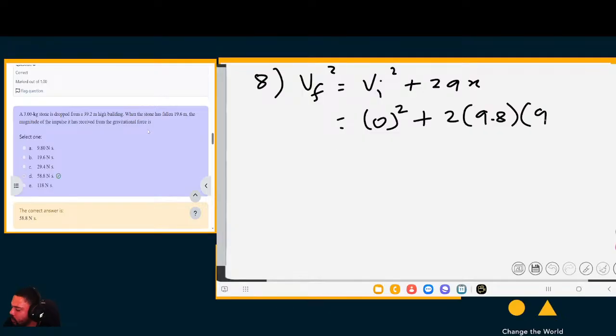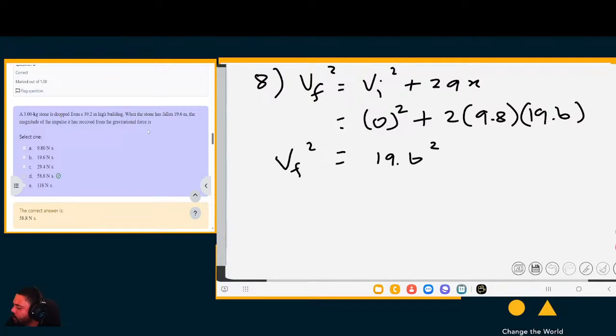The distance is 19.6 meters. Working this out, 2 times 9.8 is 19.6, and 19.6 times 19.6 is 19.6 squared.